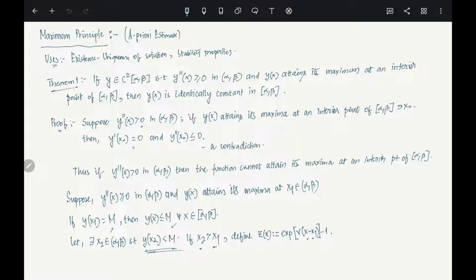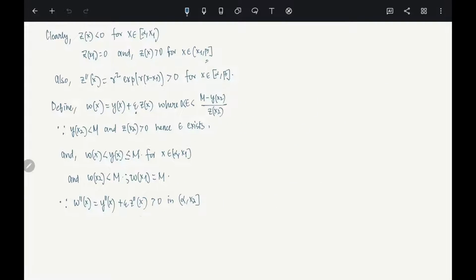We have assumed that y double prime x is strictly greater than 0. And z is such that z double prime is strictly positive between alpha and beta. So y double prime x plus epsilon times z double prime x is strictly positive. And so in between alpha x2, w double prime of x is strictly positive.